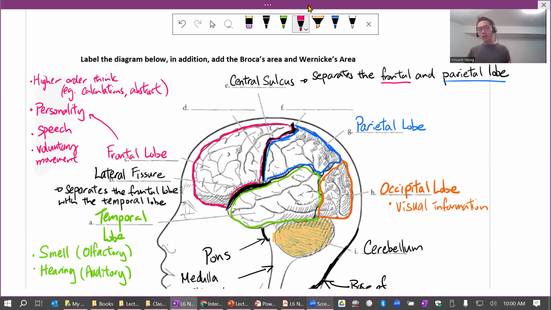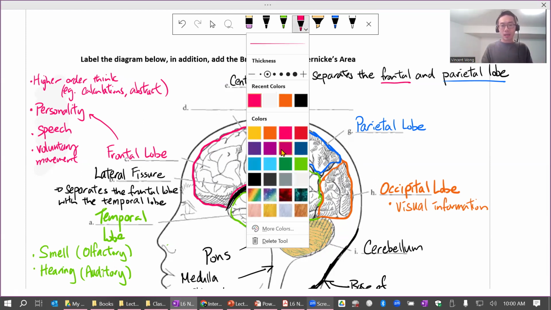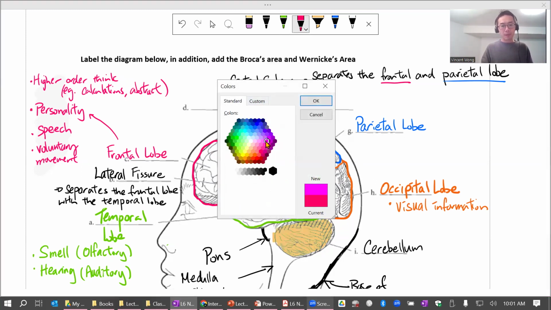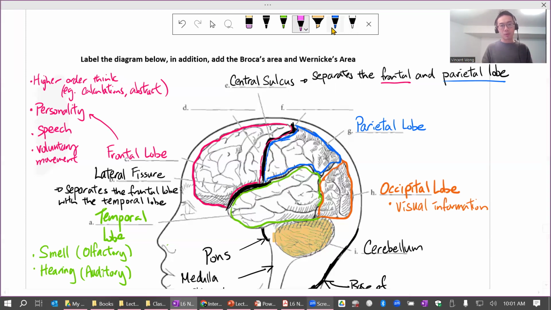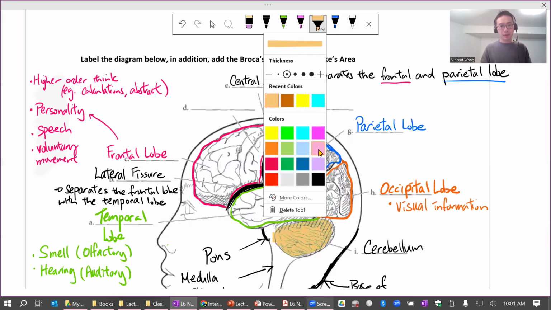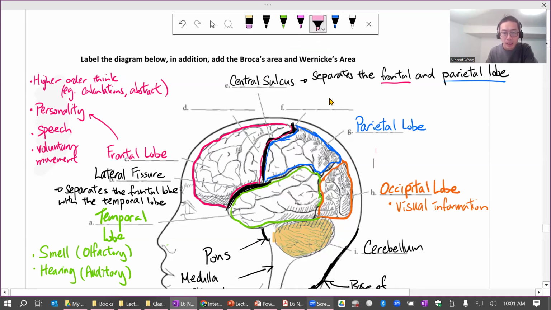Now, like I said, each of the lobes has sub-regions inside, and they're going to be doing different things. I know I told you I'm not going to break it down too much for you, but there are a few of these regions that are very important for you to know, because people always talk about them. At the back of the frontal lobe, there is a bump, a gyrus. That is very important.